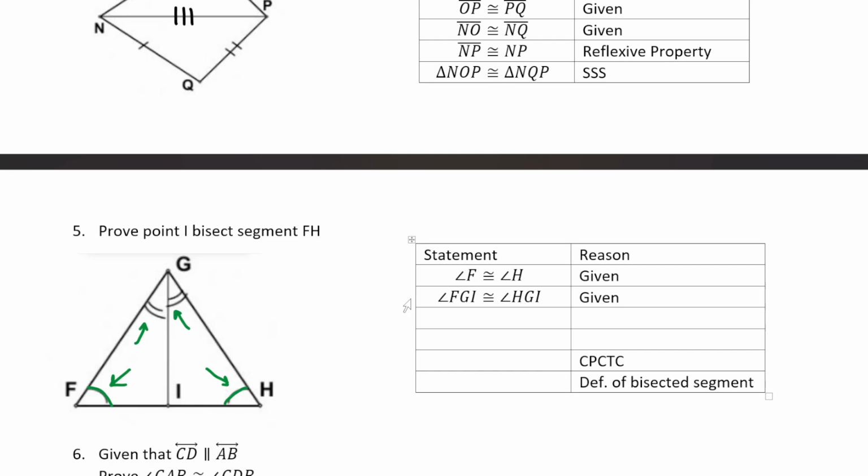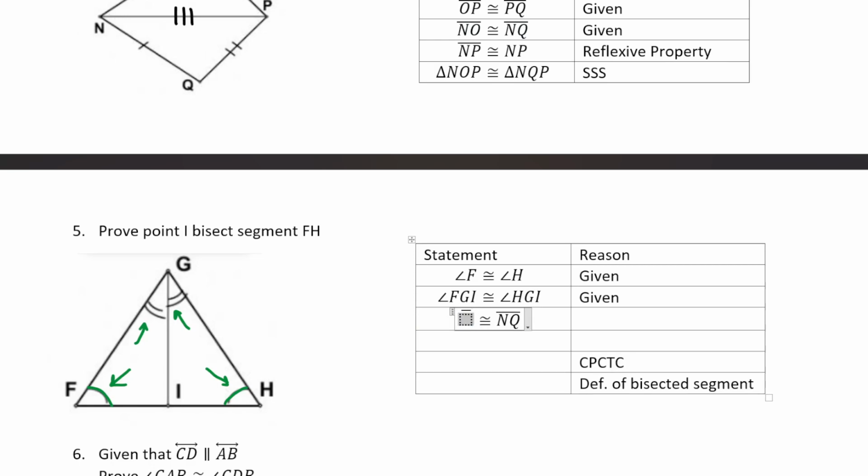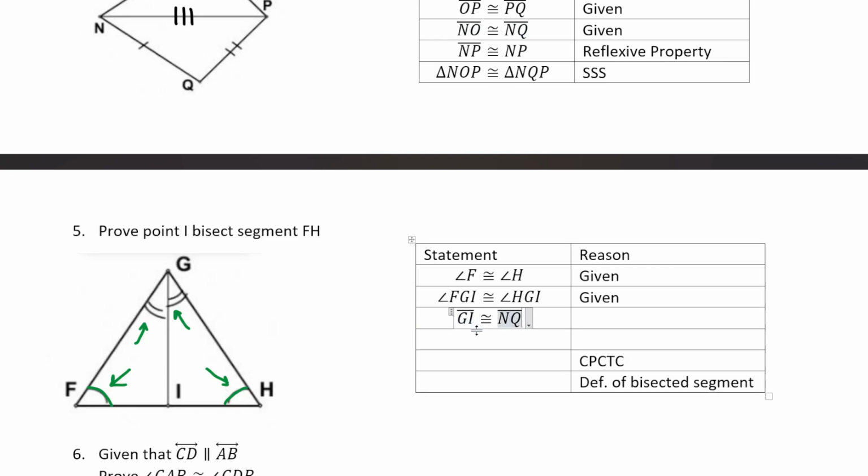Then again, the angles are sharing a side. Well, that means that side GI is congruent to segment GI. So segment GI is congruent to itself. Okay, so this would have a little tick mark right here because this segment is congruent to itself.